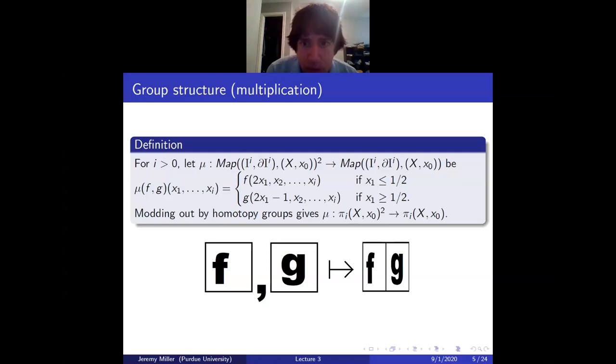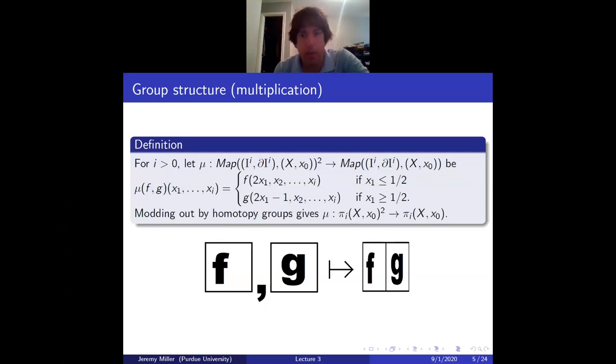So here we're just going to pick the first coordinate, and so for f and g maps from the square rel the boundary of the square, we just shrink f and shrink g and then put them into a square. Yeah, so when i is 1, this is the usual formula. And then for higher i, we do the usual thing from the fundamental group in the first coordinate, and then the higher coordinates just go along for the ride.